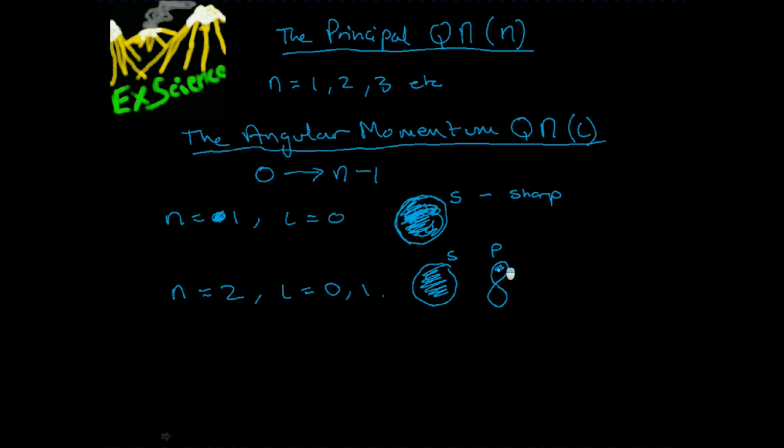So these orbitals themselves represent probability functions of finding the electron that they're describing in that location. So an s orbital is spherical, a p orbital is a kind of dumbbell shape.